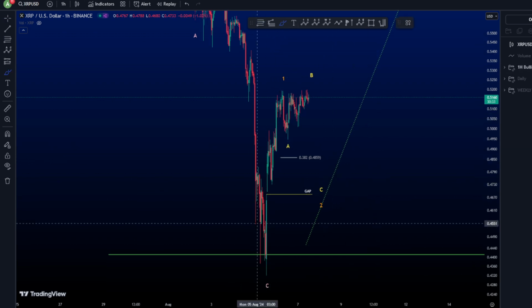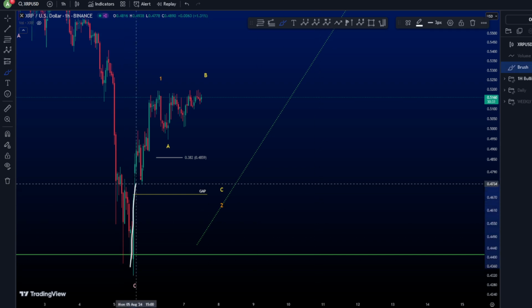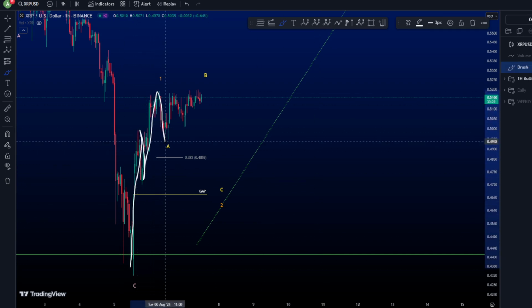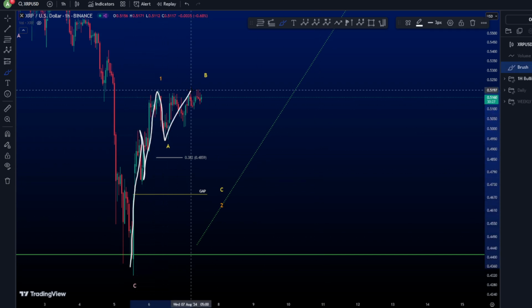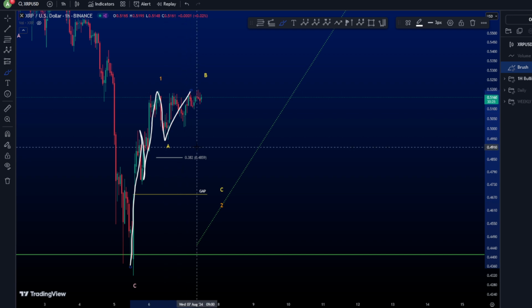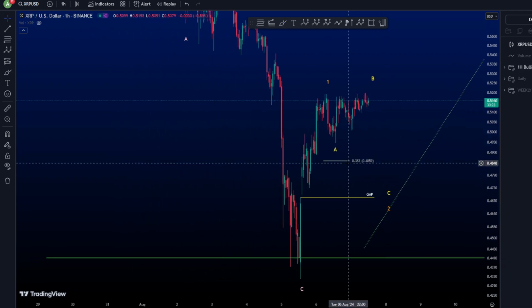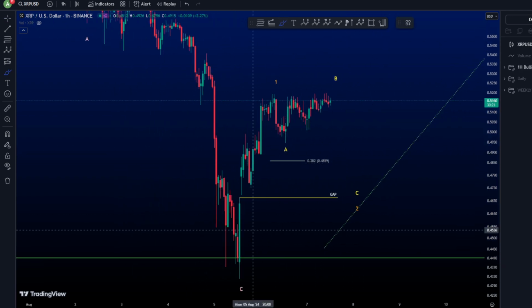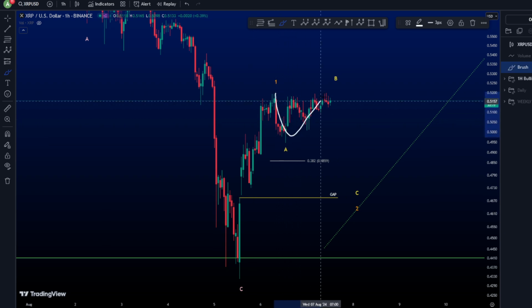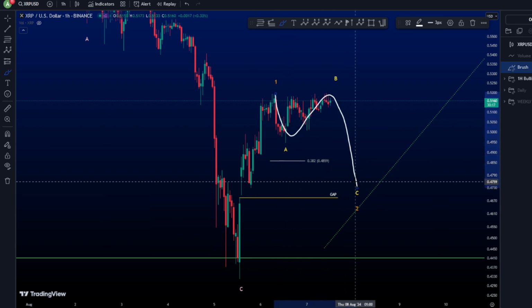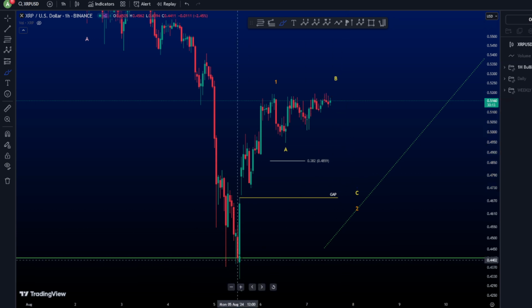Now, if we look further, we can see exactly a 1, a 2, 3, 4, and potentially 5. Now, is that good enough to say, okay, this could be an impulse? Of course not. We still need an A, B, C, three corrective waves to see it towards the downside.